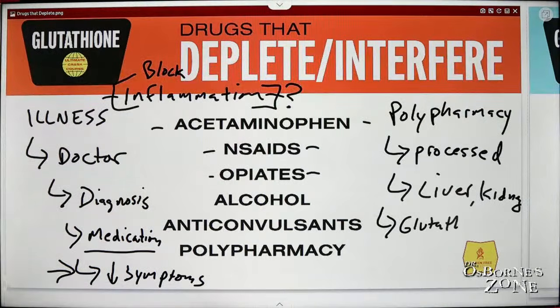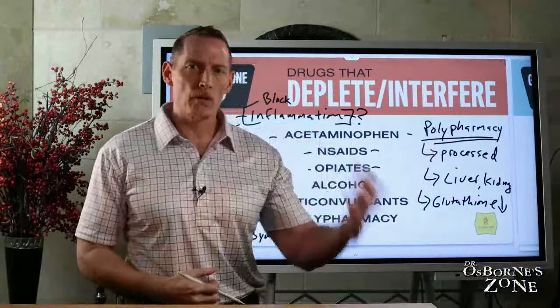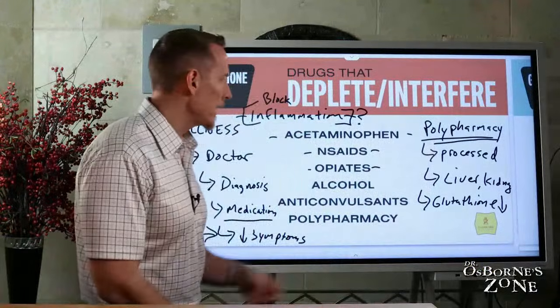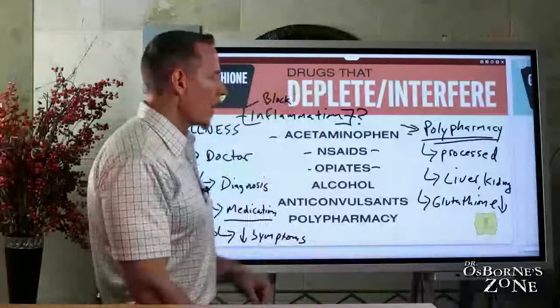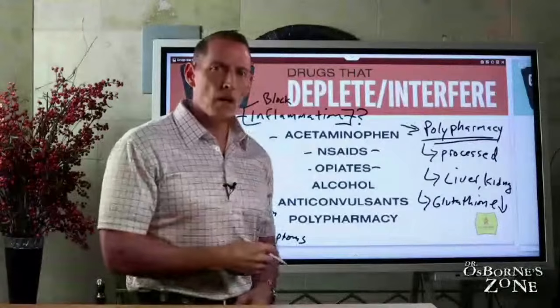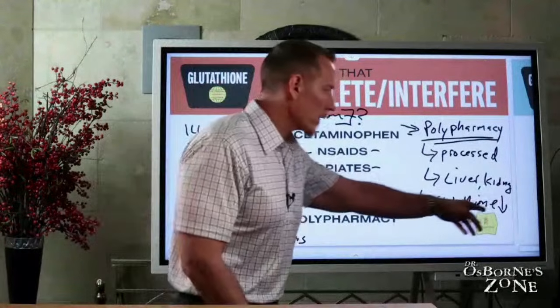So if you're a polypharmacy case and you've got multitudes of different medications, you're taxing, potentially reducing, your glutathione status. Your body's not only faced with environmental pollutants and food pollutants and every other type of chemical exposure you're getting, but now your doctor's pumping you full of chemicals to treat the symptoms of the environmental and food choice-based inflammation that you're creating for yourself, and so you're taxing your glutathione status even more.